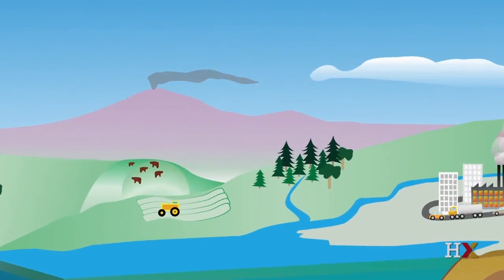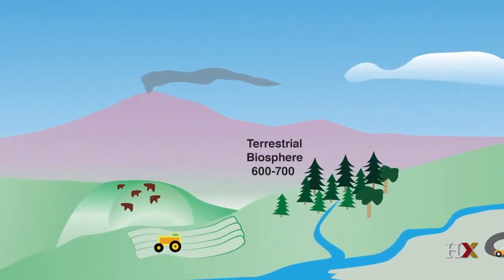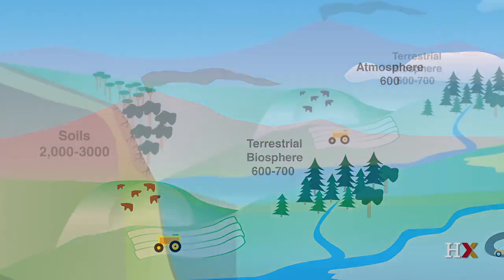If we think of the whole terrestrial biosphere, that's equivalent or very close to the amount of carbon that was in the pre-industrial atmosphere. So even though the terrestrial biosphere seems vast, and most of that mass is in wood and trees, it's actually relatively small compared to other parts of the carbon cycle.